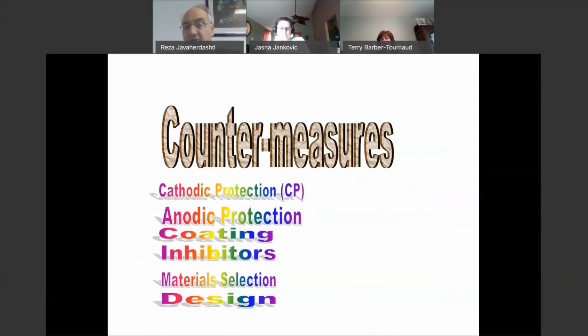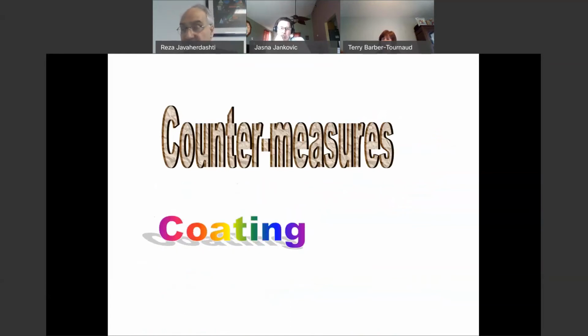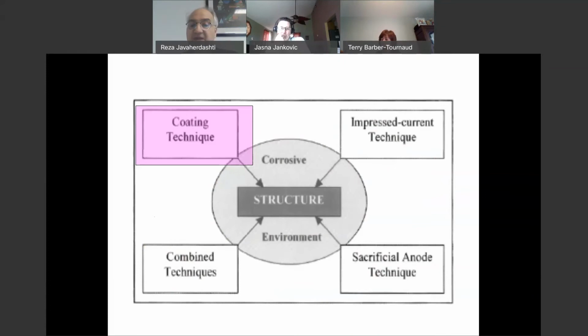All right, there are 6 ways by which corrosion can be addressed, like cathodic protection, anodic protection, use of chemicals such as inhibitors, coating, etc. And here I'm going to address just coating in this presentation.